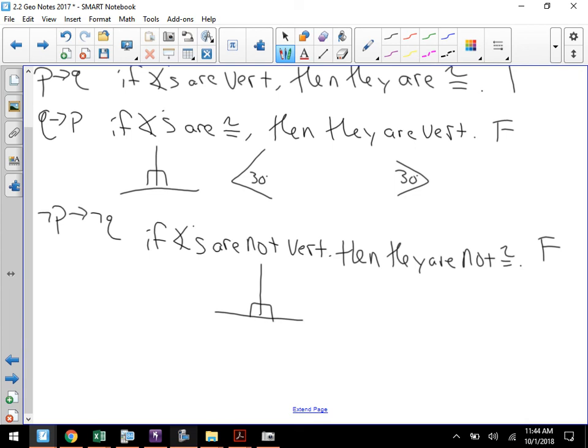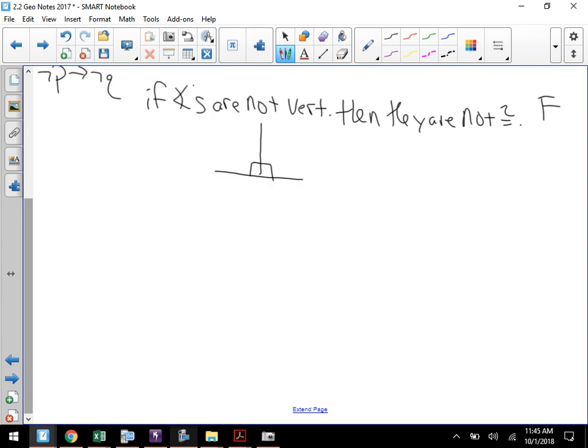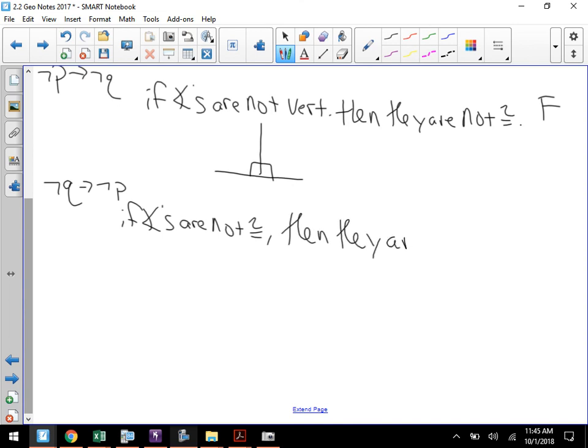If angles are not congruent, then they are not vertical. Correct. True. If angles are not congruent, then they are not vertical.